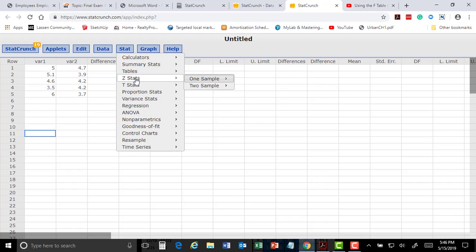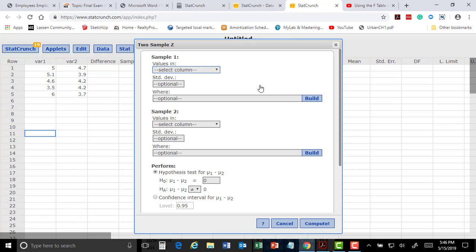I have two samples, yes? And then we have data, right? I have variance 1, and column 1, column 2. And then we want to construct a confidence interval of 0.99, is it? 90.